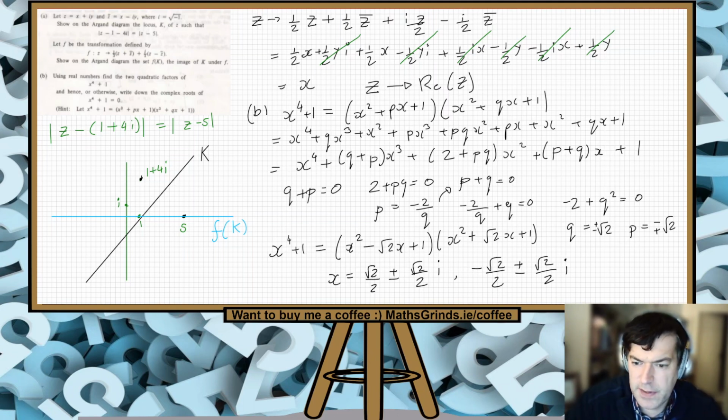Now let me pause the video and check my video from last time I did this to see what answers are different. Okay, so actually I did make a couple of mistakes in this video. When I was rewriting this, I rewrote it as z minus minus 5 for some reason.